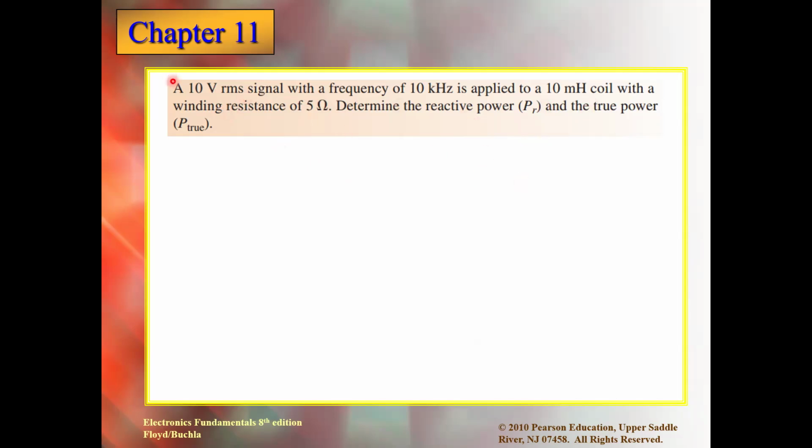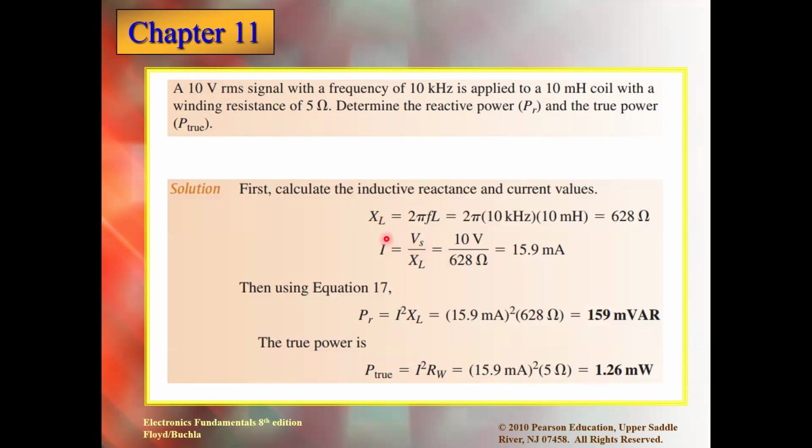After calculating the XL, divide VRMS by the XL to get the IRMS, and then we can continue. Then use the equation for the reactive power, I square into XL, and P true will be I square into RW, and we are getting this true power.